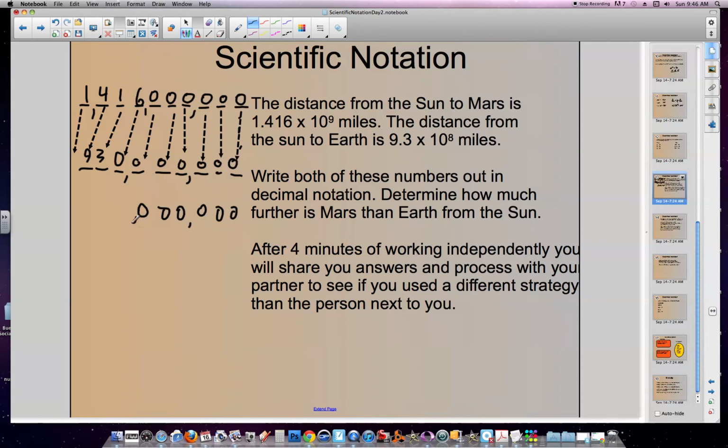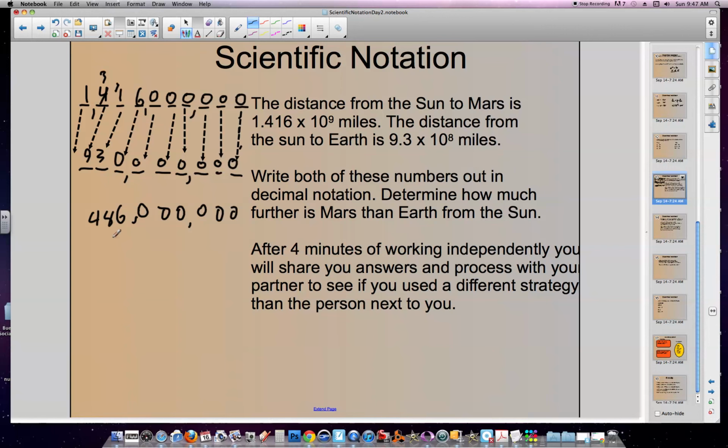Now, what's 6 minus 0? Well, that's 6. 11 minus 3 is going to be 8. And then 13 minus 9 is 4. So Mars is 486 million miles further from the sun than Earth is.